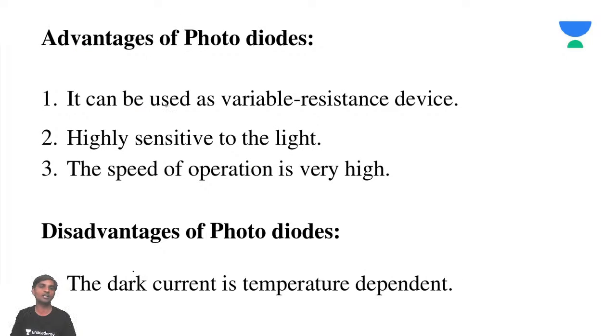What are the advantages of photodiodes? A photodiode can be used as a variable resistor device, as we just discussed, and it is highly sensitive to light. The speed of operation is also very high, because it all depends on light, and light travels very fast.